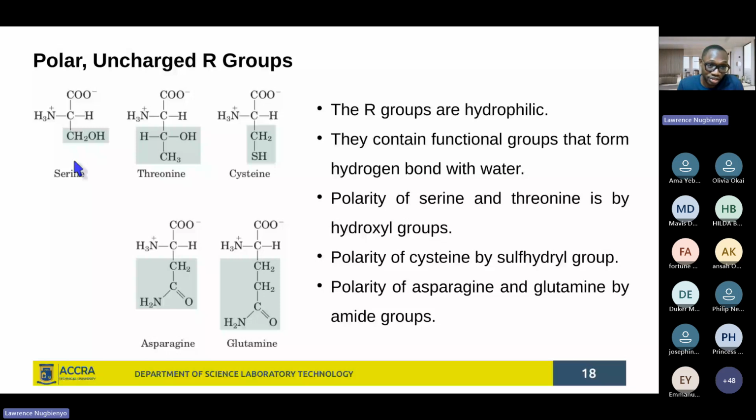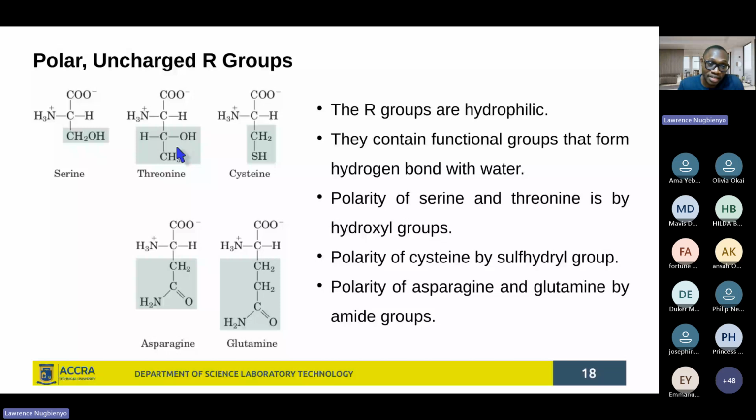Serine has a hydroxyl group in it, and that is what is responsible for its polarity. We see threonine is the same thing. It also has a hydroxyl group in it, also responsible for the polarity of that amino acid.